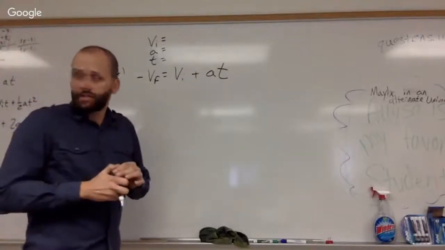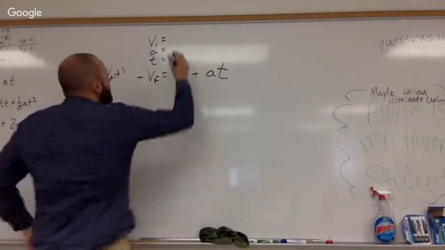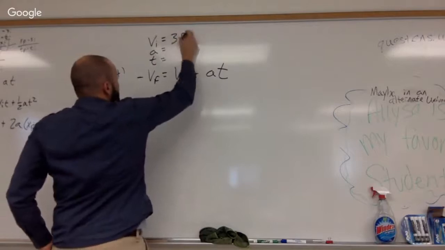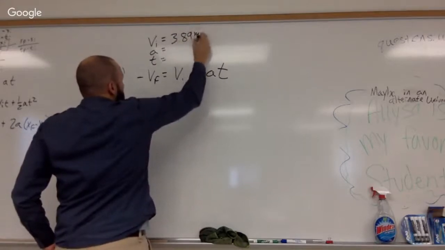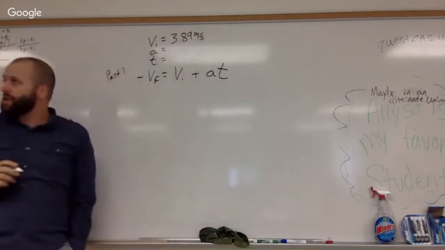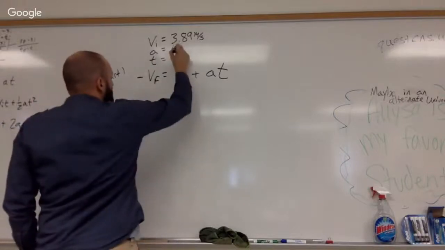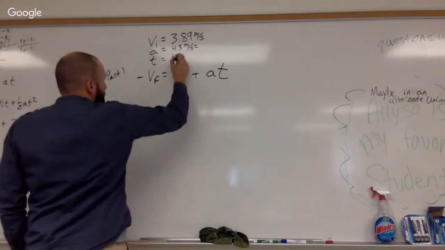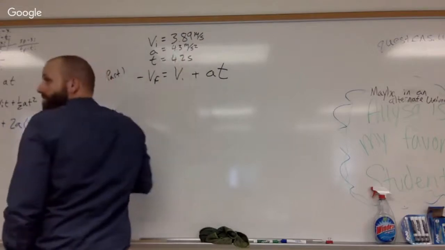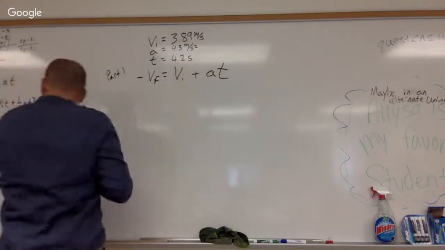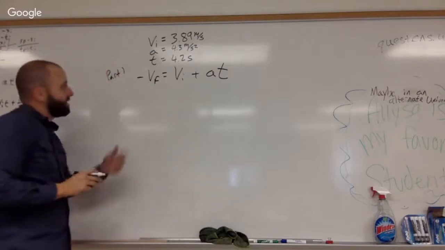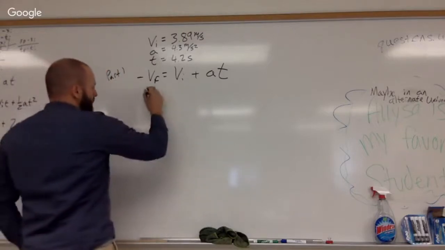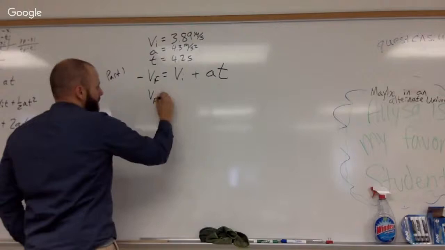It says the initial speed is 3.89 meters per second, the acceleration is 4.3 meters per second squared, and the time is 4.2 seconds. So I'm going to plug this information into the equation. Straightforward plug and chug.